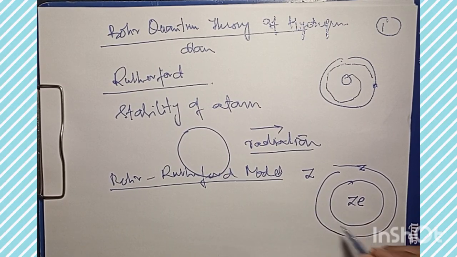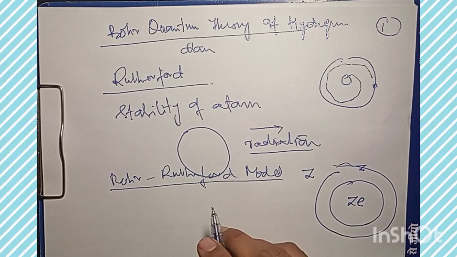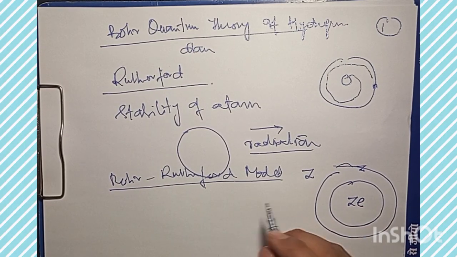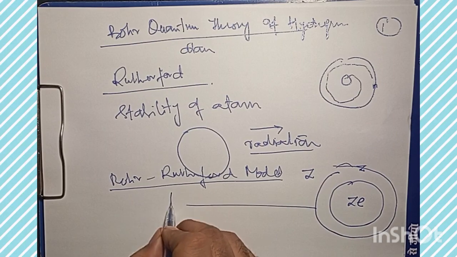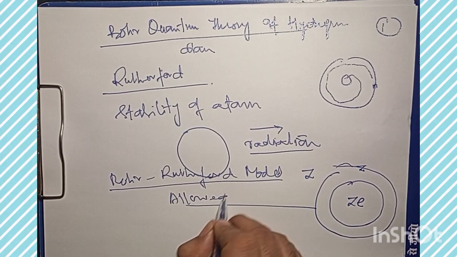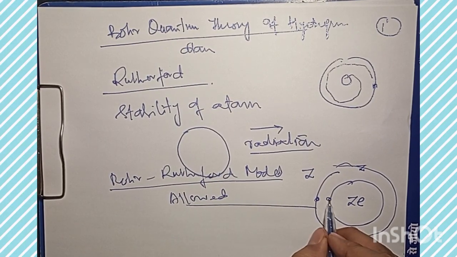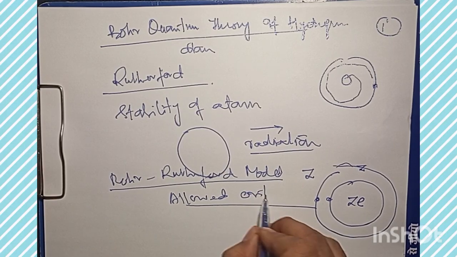These allowed orbits are called stationary orbits. Whatever is between these orbits is not allowed.